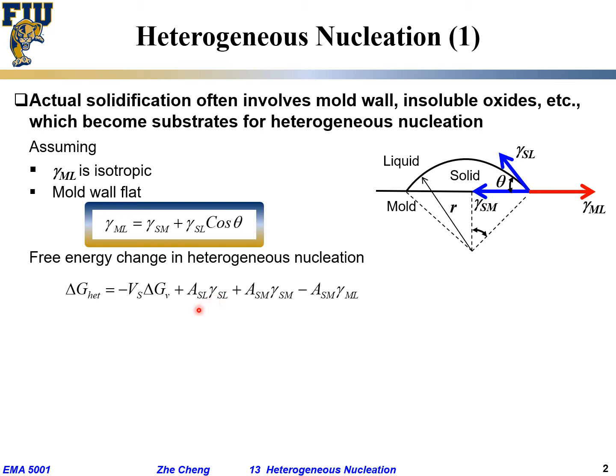One interface is between solid and liquid. Before that, there's no solid. Now I'm adding a solid-liquid interface, which runs from here along the sphere cap surface to here. This is our ASL times gamma SL. That's one added interface.